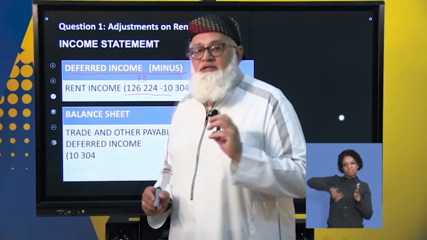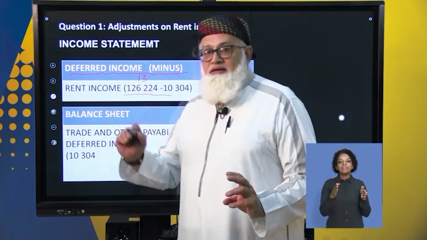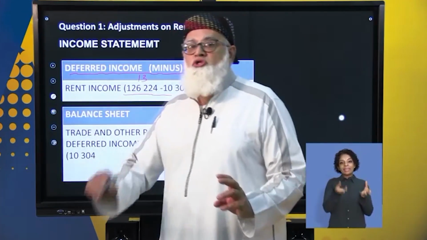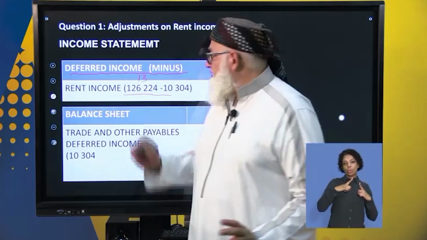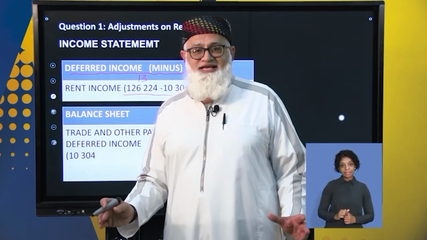A debit to rent income and a credit to income received in advance, also known as deferred income. So therefore, you can see by debiting the rent income, you are reducing your rent income. Therefore, minus the 10,304, which we calculated, to give me my final figure of 115,920. Got that? Easy, isn't it?